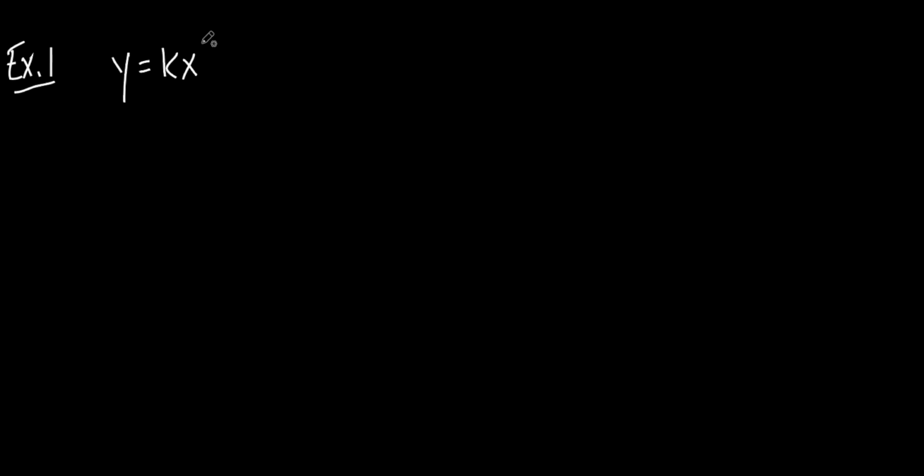It's not too hard, right? And then they're going to give you some stuff. They're going to tell you what x and y is. They're going to say y is equal to 27 when x is equal to 6.